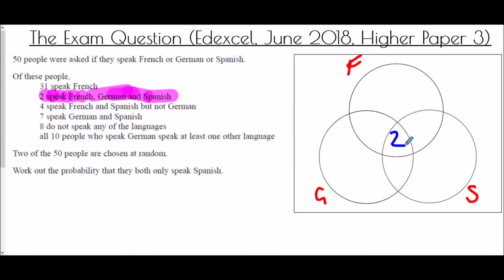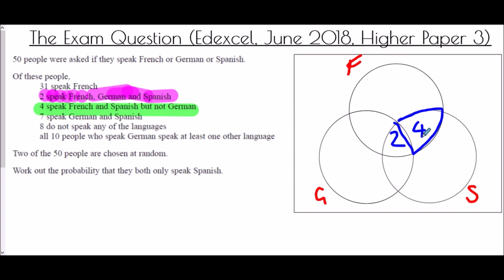If we move to the next line down, we are told that 4 speak French and Spanish but not German. Now that means we are looking at the section which is French and Spanish here, but not German. So those 4 are going to be in that section there.